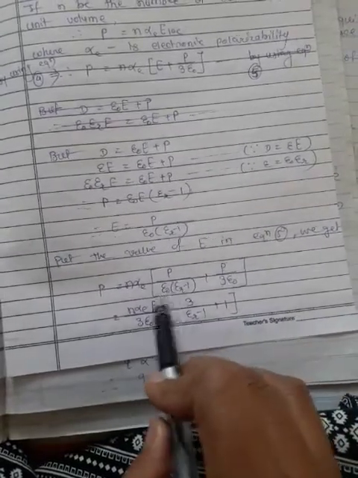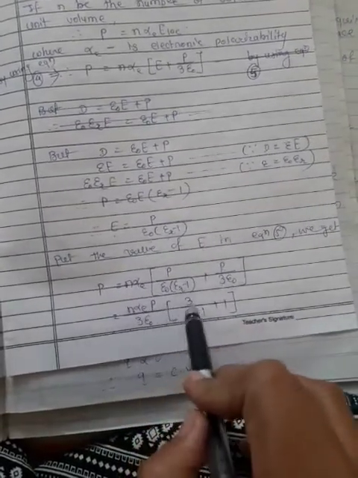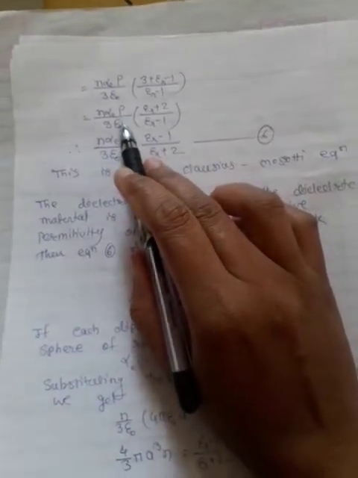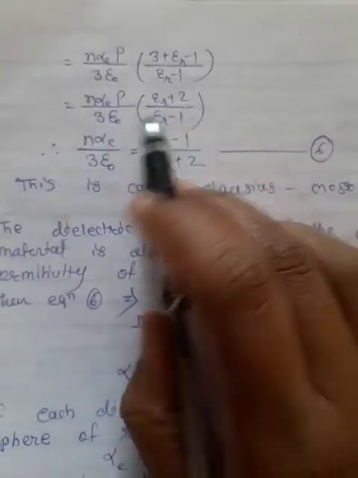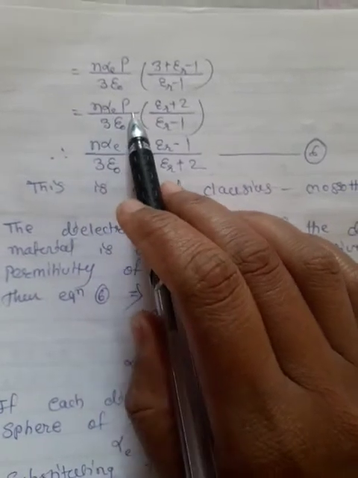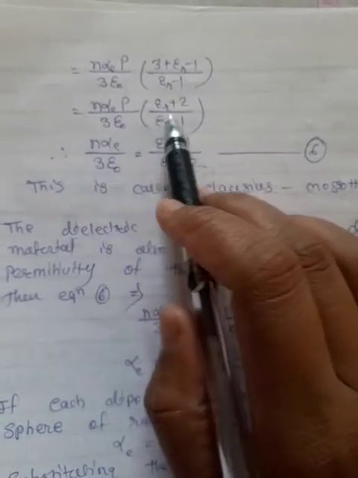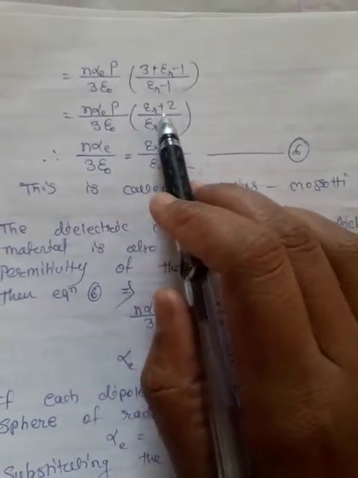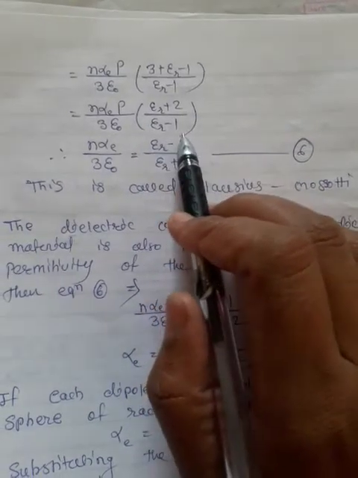Taking the cross product and solving, we finally get n alpha E P upon 3 epsilon naught into epsilon r plus 2 upon epsilon r minus 1.